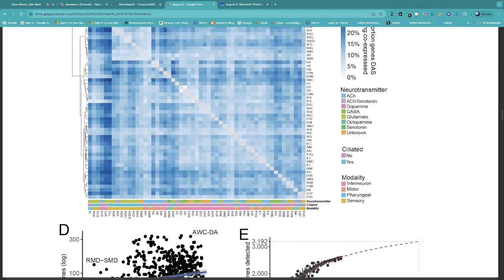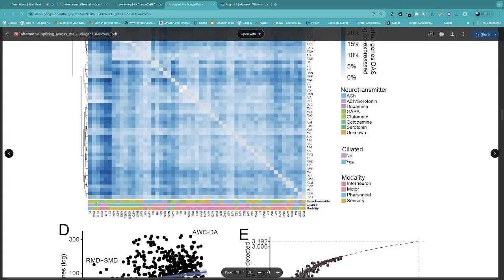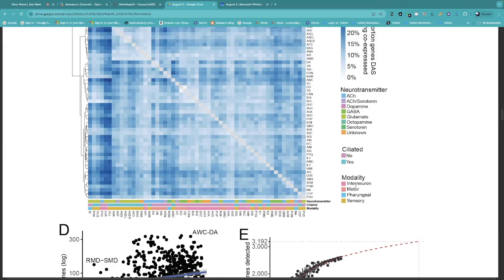They have this sorted by neurotransmitter type. You can identify different cell types by neurotransmitter, and this is what they're showing in these colored bars down here: neurotransmitter type, ciliated cells, either yes or no, and their modality.